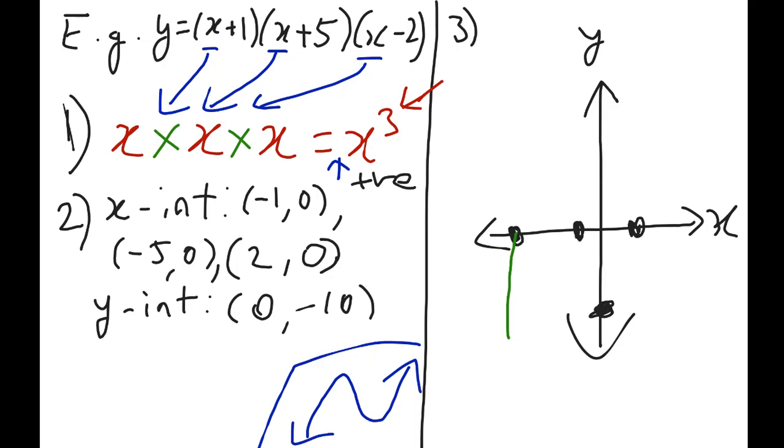Now, if you notice, it's going to curve back around, and that's the only way it will fit onto the other point. So it's going to curve back around and go down. And then, notice that as it goes down, it curves back up again. And then it's going to go straight up.